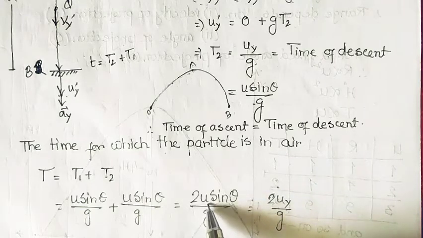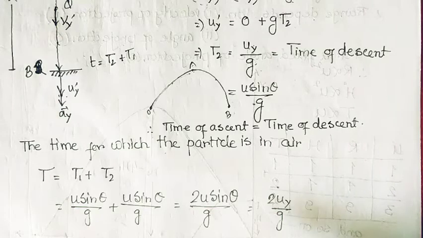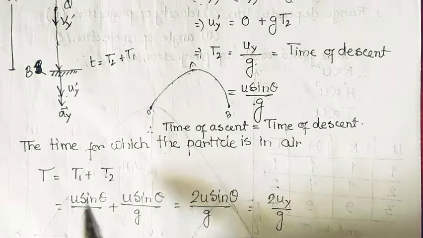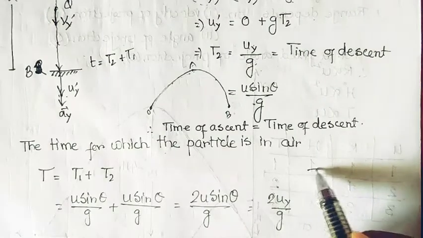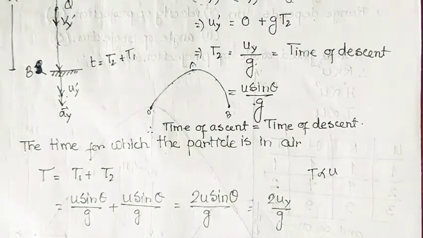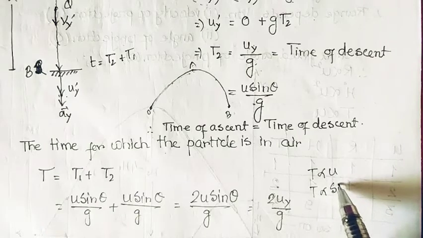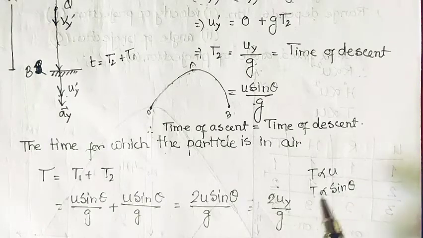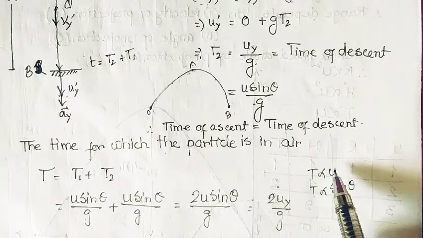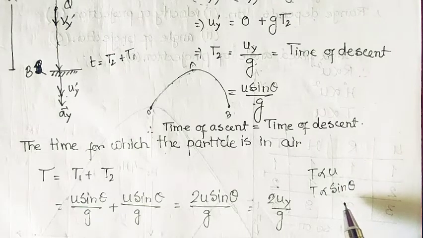If u is increasing or u is decreasing, it shows a linear variation, that is t is proportional to u, and obviously t is proportional to sin theta. It depends on the magnitude of the initial velocity. It is also dependent on the direction of throwing.